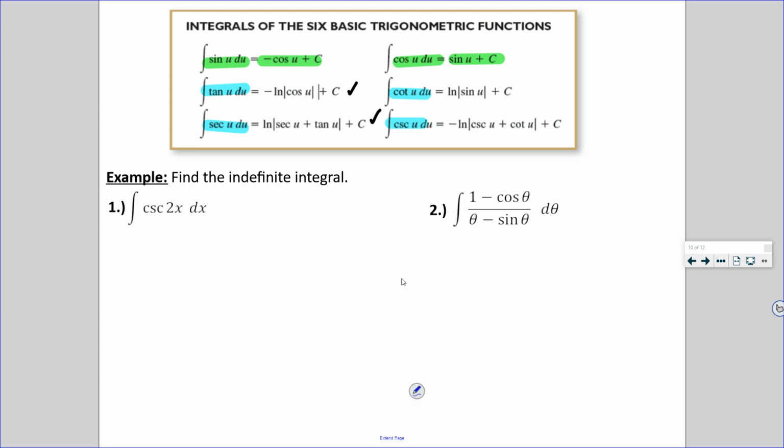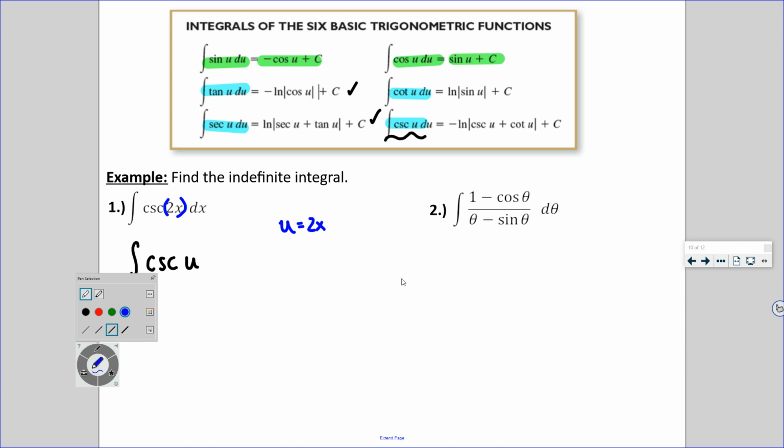All right, so this 2x is located within my cosecant. So I'm going to let u be 2x because then I will have the cosecant of u, and then I can use my cheat sheet because I know what the antiderivative of cosecant is. Okay, so I'm going to let u be 2x.